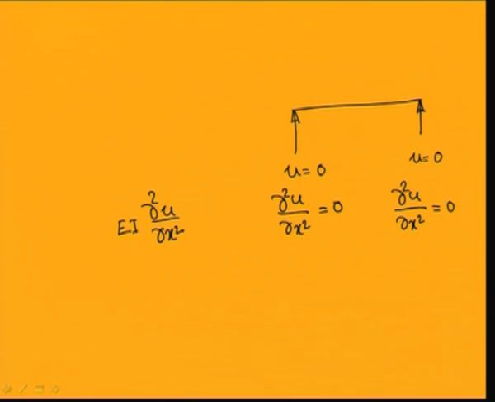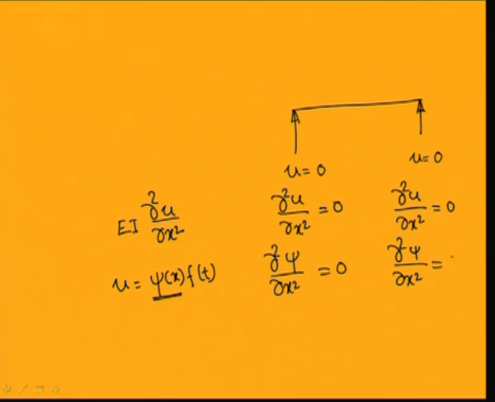As u is a function of psi x and f t or q t, in this case I can take del square u by del x square equal to 0 as del square psi by del x square equal to 0 at both the ends.